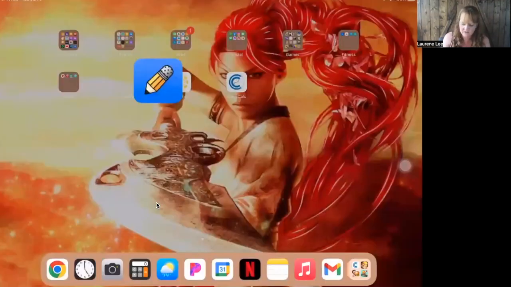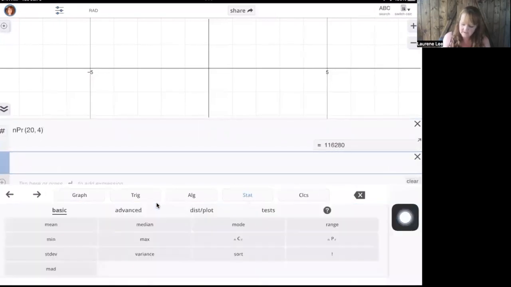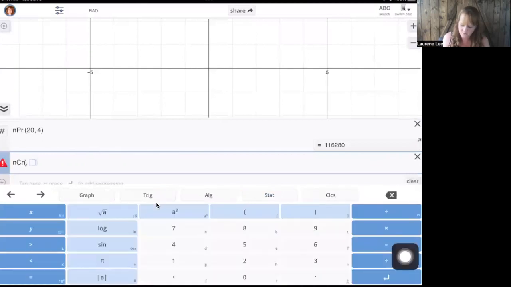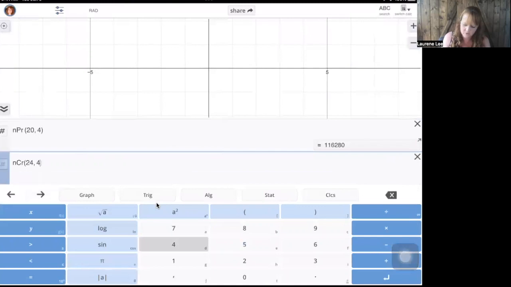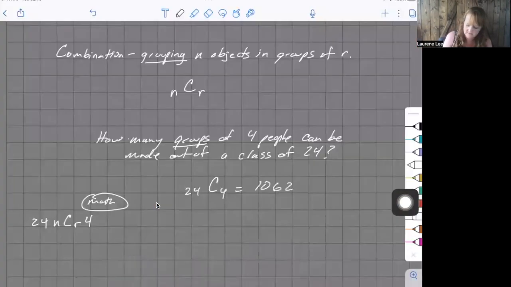On ClassCalc, you come over here, go to stat, choose your nCr, and go 24, 4, and you get your answer here, 10,626. So that's the number of all the different groups I can make out of a class of 24. That's how a combination works.